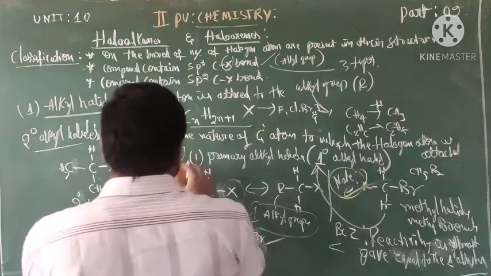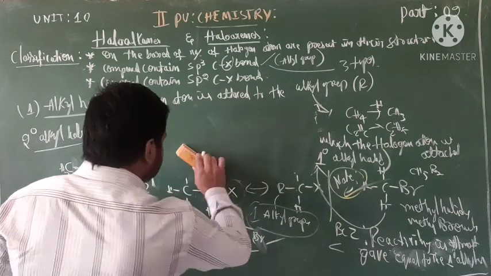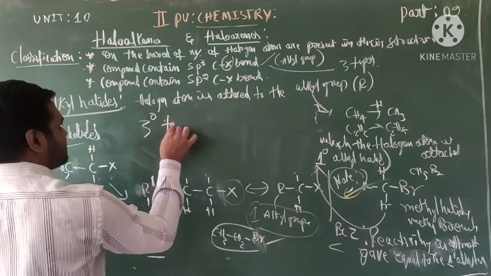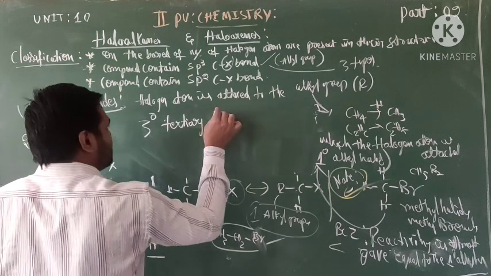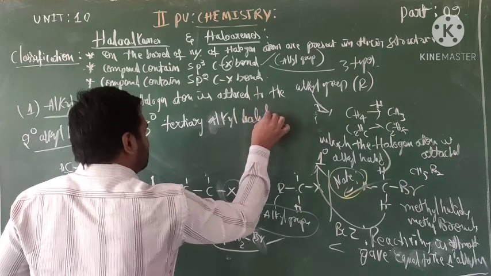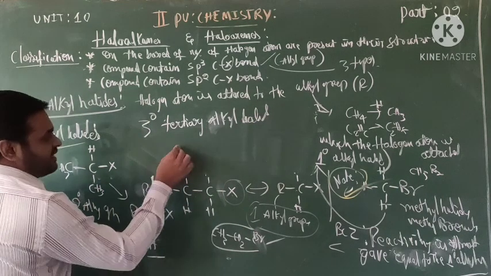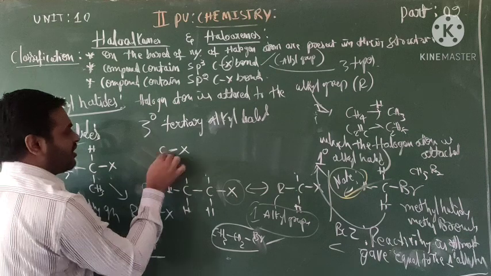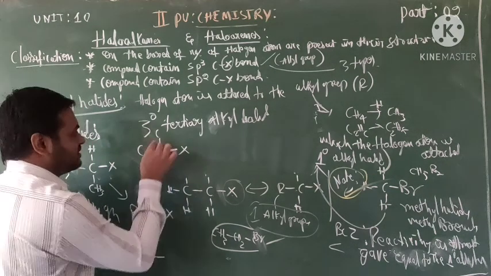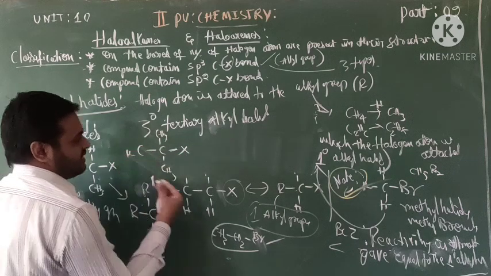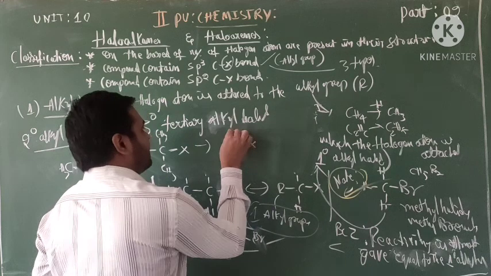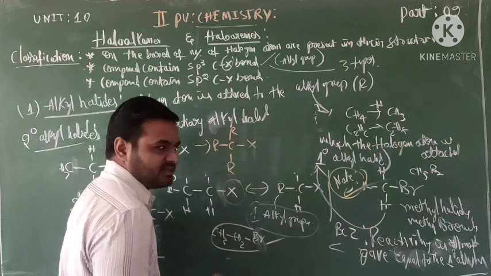Okay, so now we go to tertiary. Tertiary, the third one. Tertiary alkyl halides. Same as before, the halogen atom is bonded with a carbon atom which is bonded to three carbon atoms: CH3, CH3, CH3. So we call it R3C-X. This is the general representation.